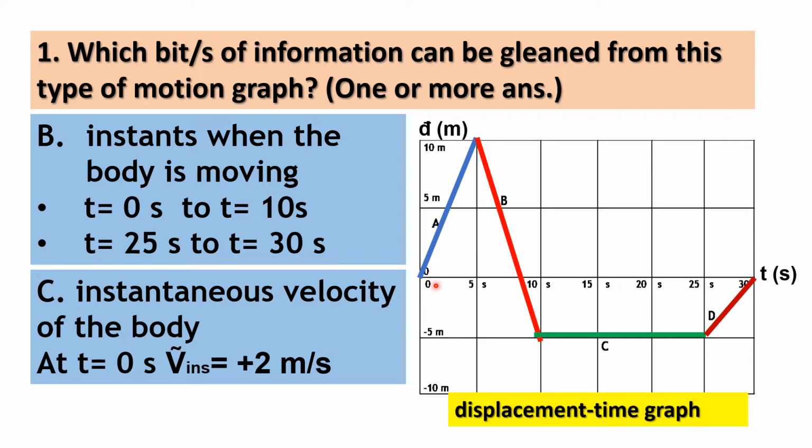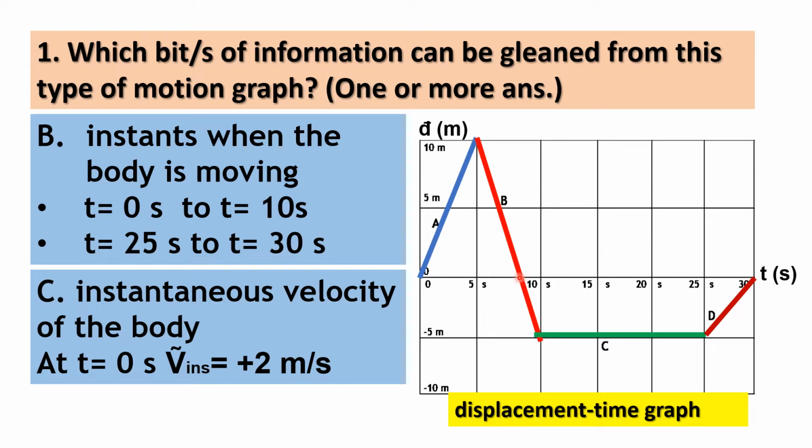Not anymore shown, but for example, you want to find out the instantaneous velocity at this particular instant. Do you see this graph line B?